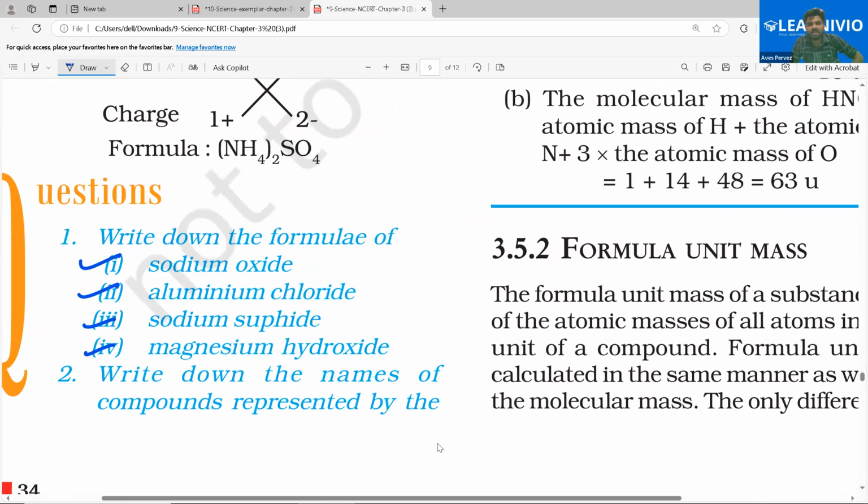Sodium mass is written in the table. Aluminium mass is 27. Sodium sulfide. Sulfide is sulfur. Magnesium hydroxide. Try to write the molecular formula of these compounds as well as the molecular mass.